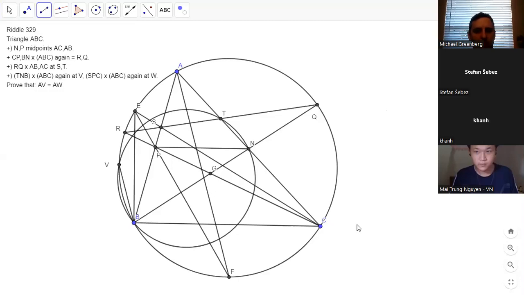So I want to show that this angle equals this angle.